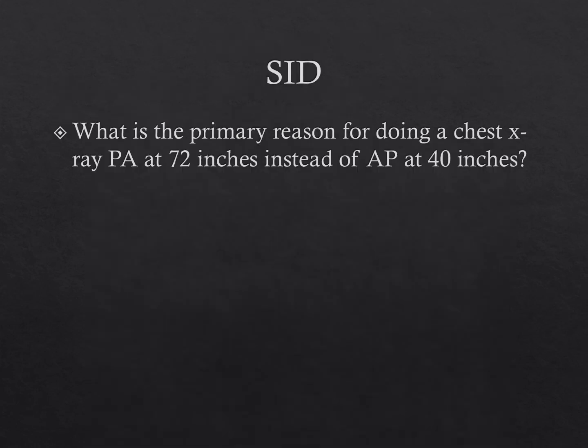What's the primary reason for doing a chest X-ray PA at 72 inches instead of AP at 40 inches? Well, I want to reduce the magnification of the heart. So I will turn the patient, taking a PA, and increase my SID. Therefore, I am going to decrease the magnification that's going to naturally occur of the heart.